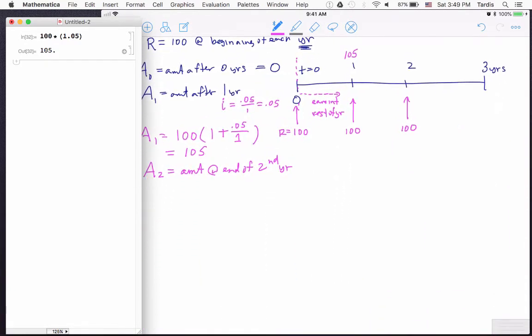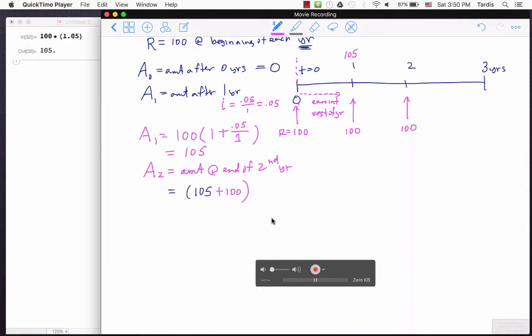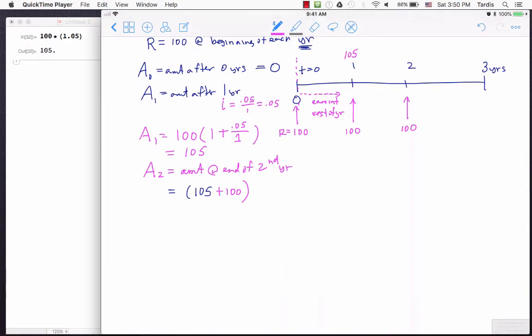How much are you going to have at the end of the second year? Well, you need to take the amount that you had, the $105 at the end of the first year, and then you come in and you make your deposit. Remember, you're making deposits at the beginning of the year. And then that amount of money is what's going to earn the 5% interest.